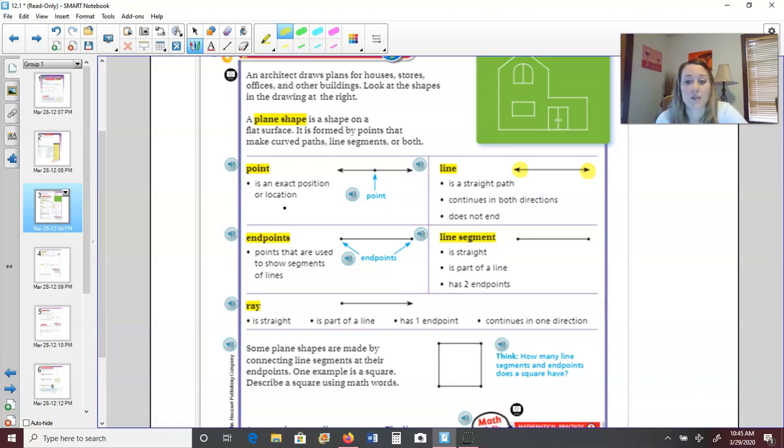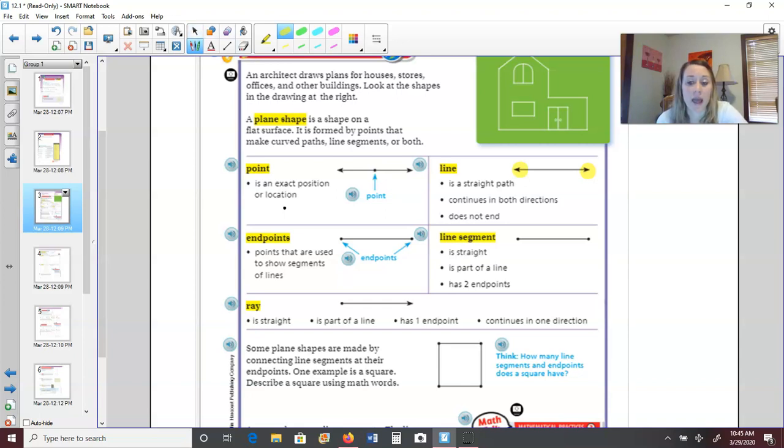Now we go down to endpoints. Endpoints are the points that are used to show segments of a line. Boys and girls, segment means part of something. When you think of an earthworm, I'm sure many of us have seen a lot of earthworms out because it's been so rainy, but earthworms' bodies are made up of different segments, different sections.